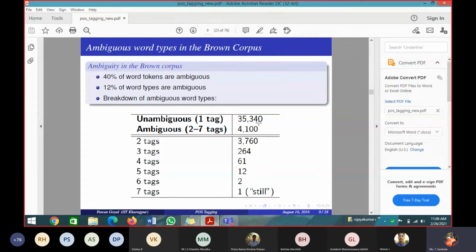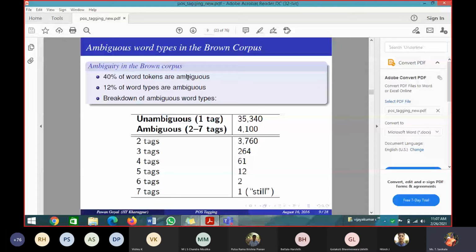No. Do I have to do anything for those words? No, it has only one tag, so not a problem. Then the remaining words are split between 2 and 7 tags. Some words have 2 tags, some 3, some 4, 5, 6, and some words have 7 tags also.